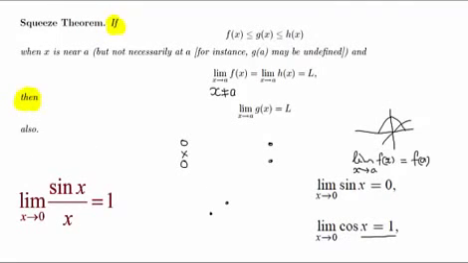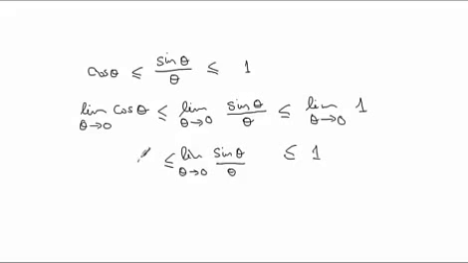So we have this limit squeezed between 1 and 1. That cannot mean anything else except that the limit of sine theta over theta as theta tends to 0 is identically equal to 1.